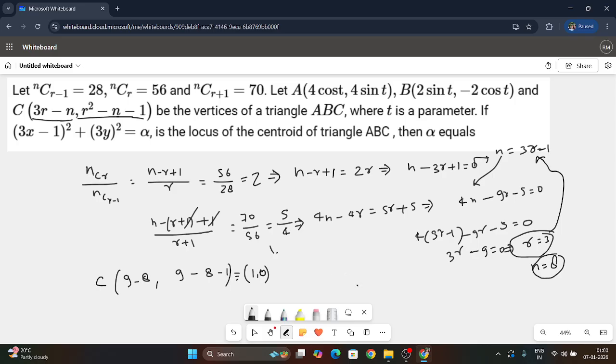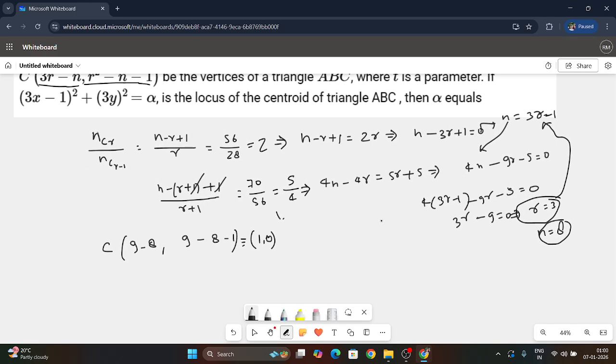So here your centroid is going to be (x, y), where x is (x1 plus x2 plus x3) divided by 3, comma (y1 plus y2 plus y3) divided by 3. These x1, y1 are just the points which are given.